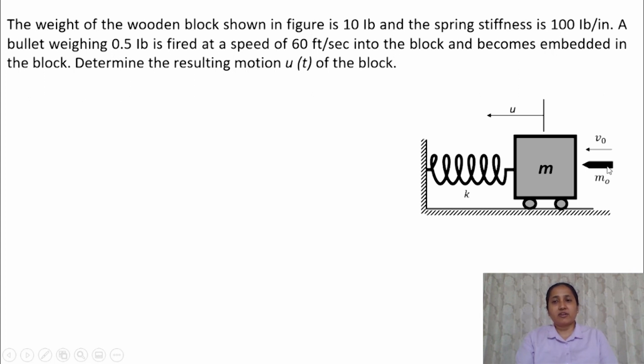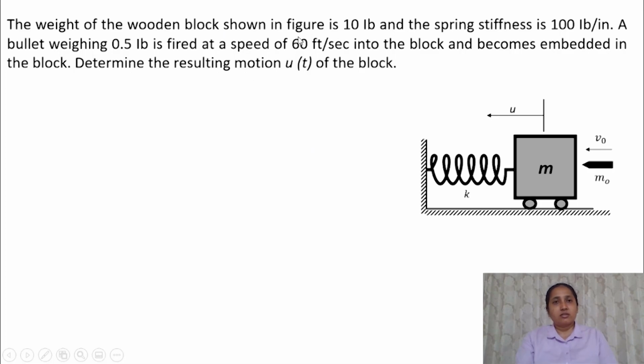So by firing a bullet which has some mass into this wooden block, we are giving some initial velocity to this wooden block. We will find out how much the initial velocity is, and using that we have to find out the resulting motion of this block. So let's see how to solve this.